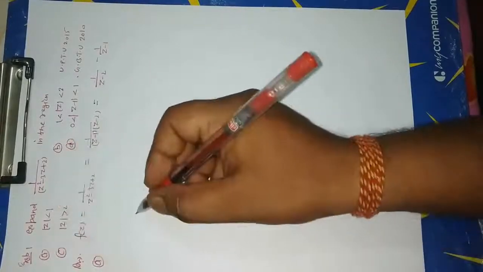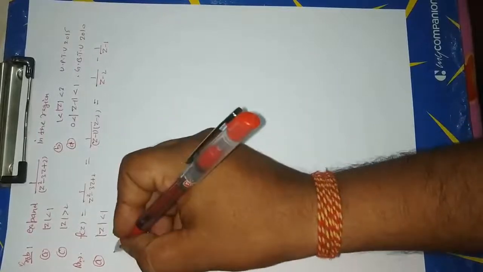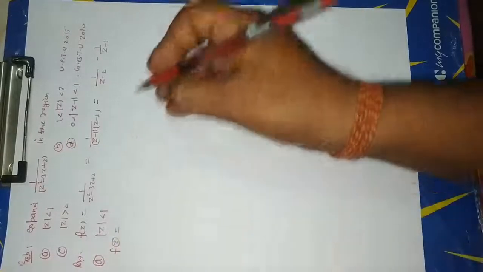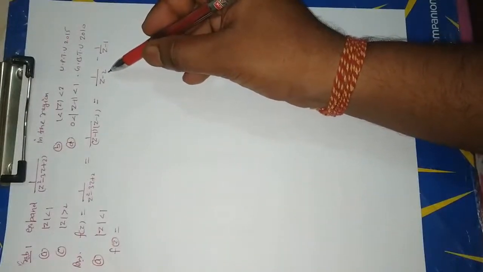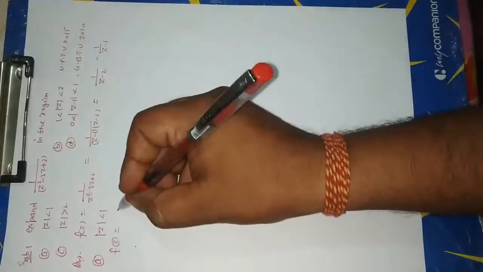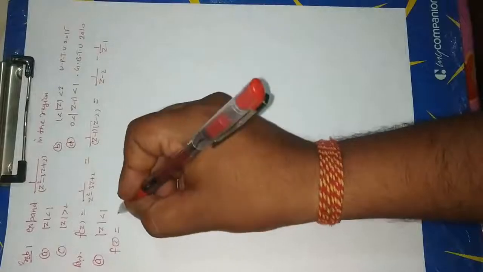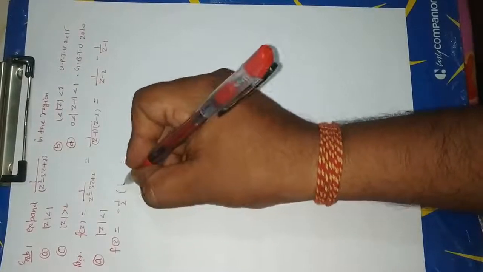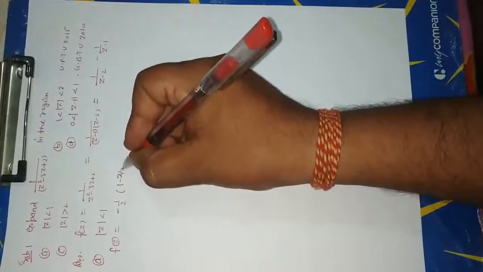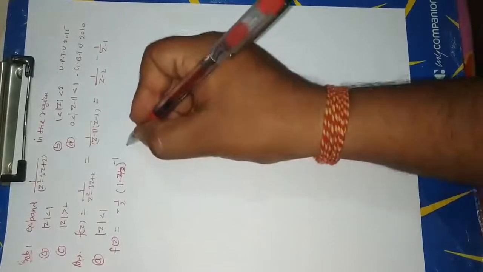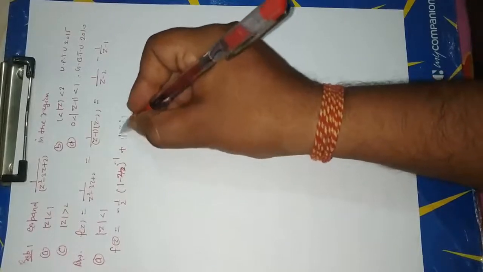Now in case A, when z modulus is less than 1, since 1 is greater than z modulus, and 2 is also greater than z modulus, we can take common: f(z) equals minus 1 upon 2, (1 minus z upon 2) whole power minus 1, plus (1 minus z) whole power minus 1.